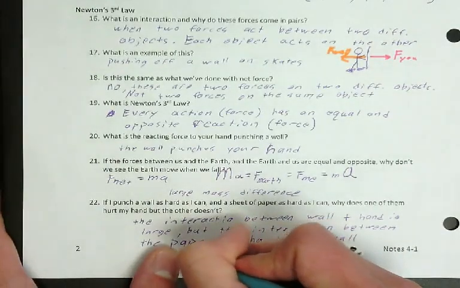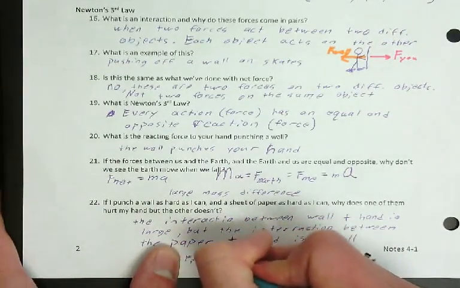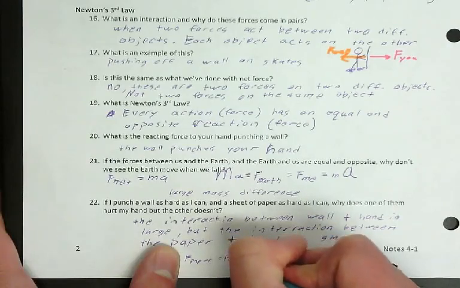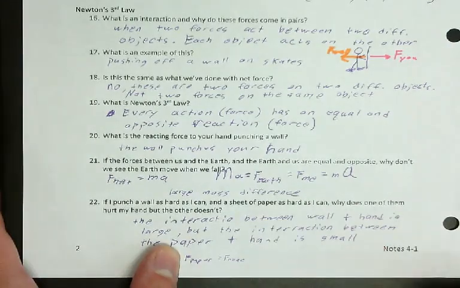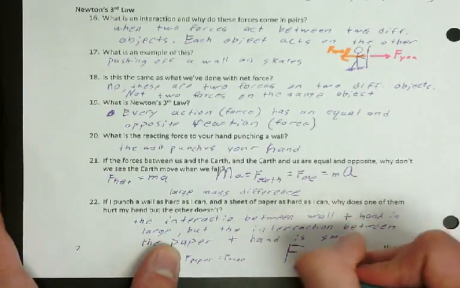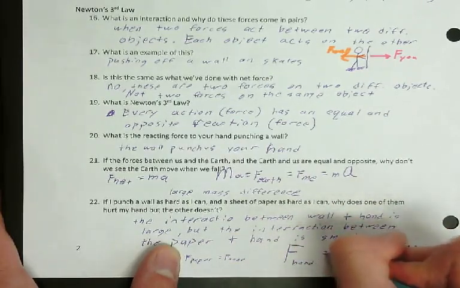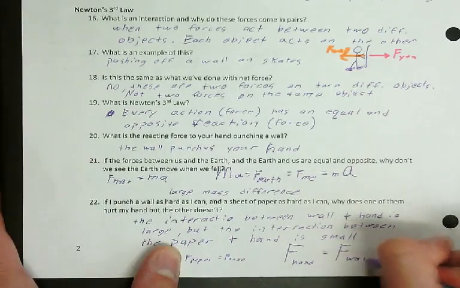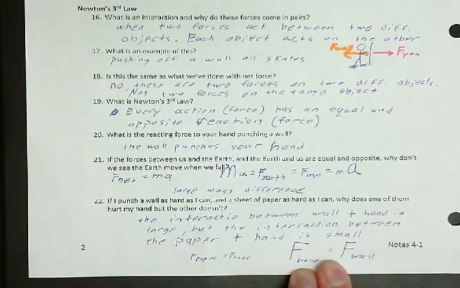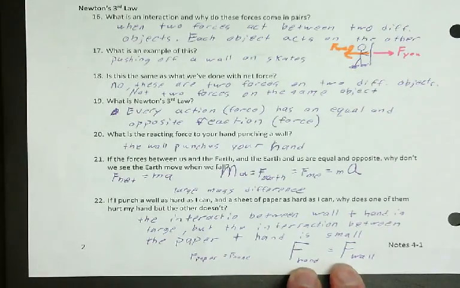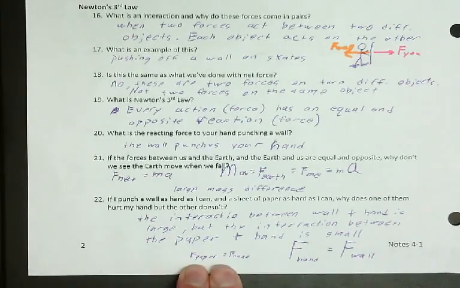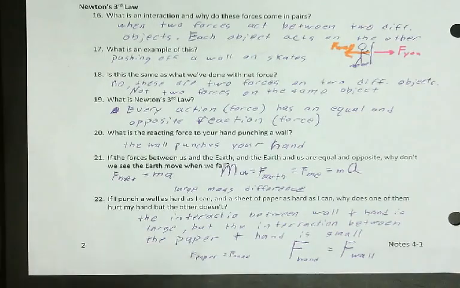When you apply a force between the paper and the hand, it looks like this. They're small. When you apply a force between the wall and the hand, it's like this. So these forces are equal and opposite and large. These forces are equal and opposite and small. So if you apply a large force, it depends on the other object what size the force will actually be.